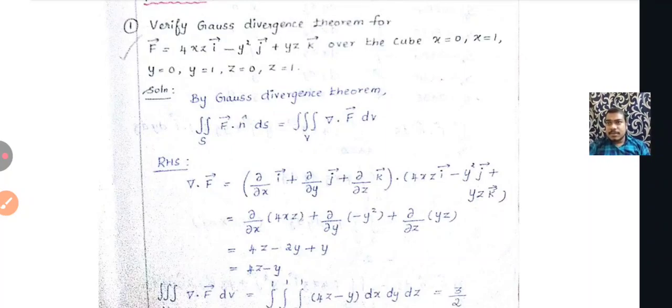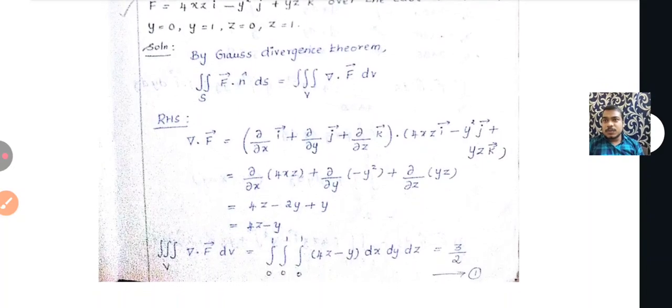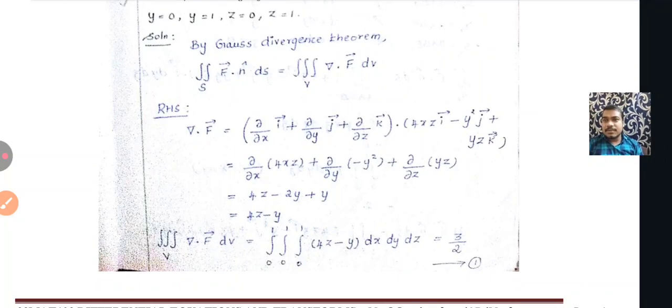The formula is that the surface integral is equivalent to the volume integral. We consider the RHS, del dot f vector. Del is described as dou by dou x of i vector plus dou by dou y of j vector plus dou by dou z of k vector. Taking the dot product with f vector, del dot f vector equals 4z minus y.